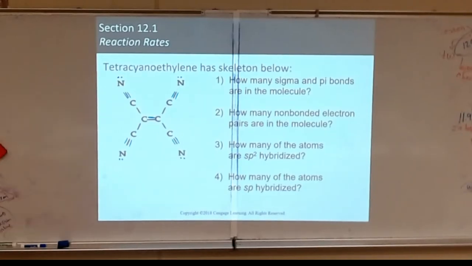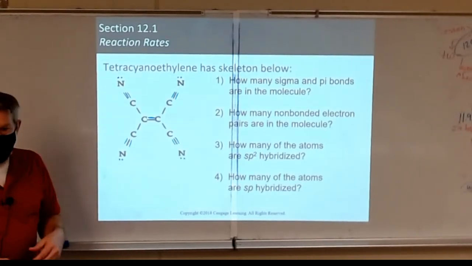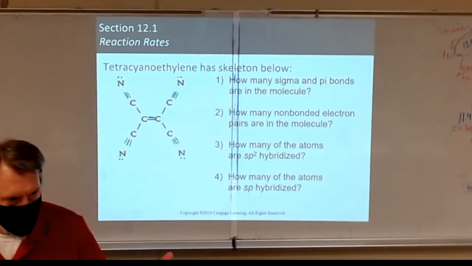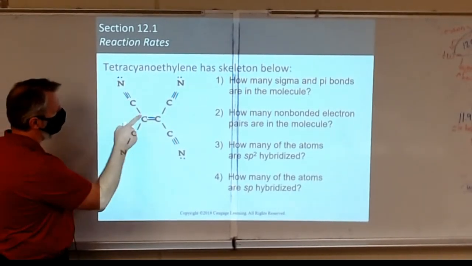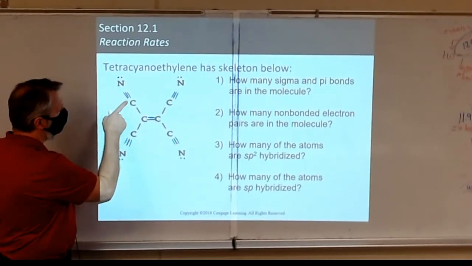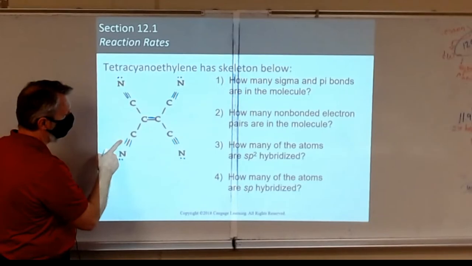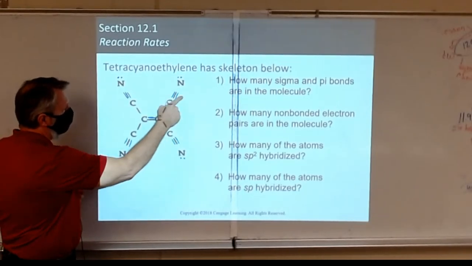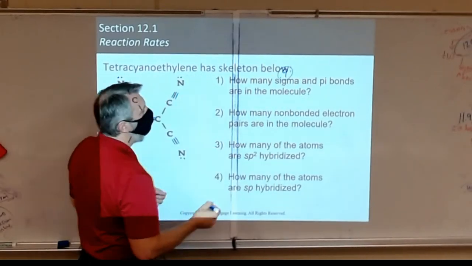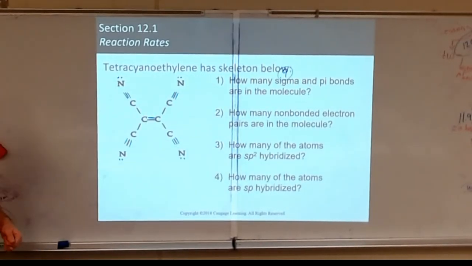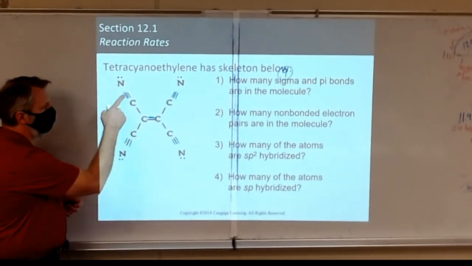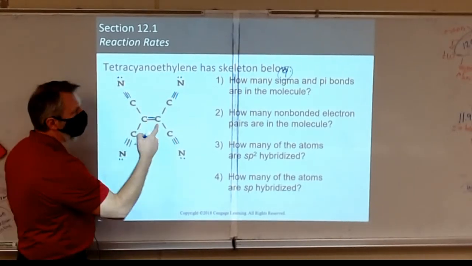Okay, sigma and pi bonds. Remember the sigma bonds? Anything that's bonded is going to have a sigma bond, right? So how many sigma bonds do we have? Let's do this a little more organized. 1, 2, 3, 4, 5, 6, 7, 8, 9. I have 9 sigma bonds. Okay? Pi bonds, let's count some pi bonds. 2, 4, 6, 8, 9.